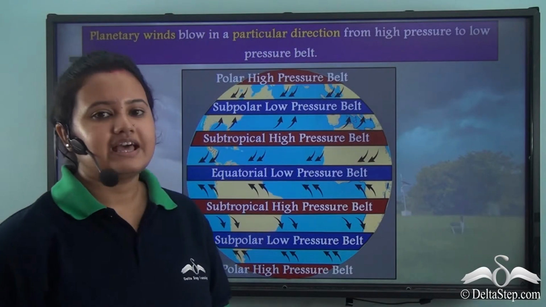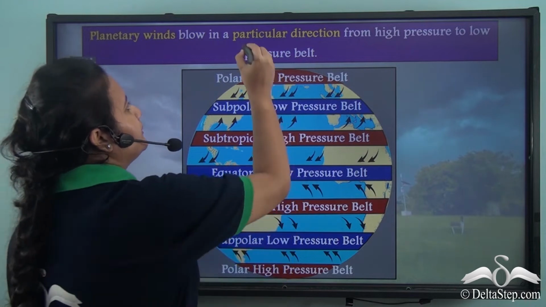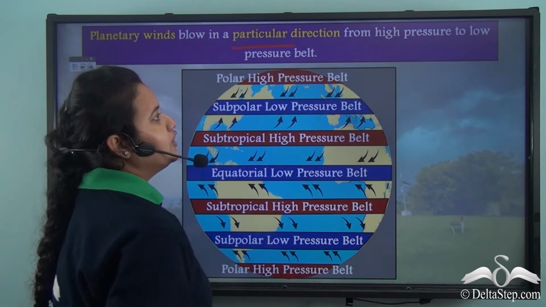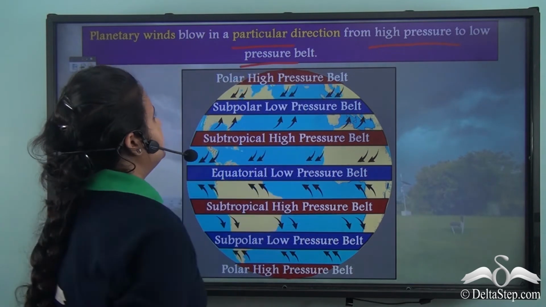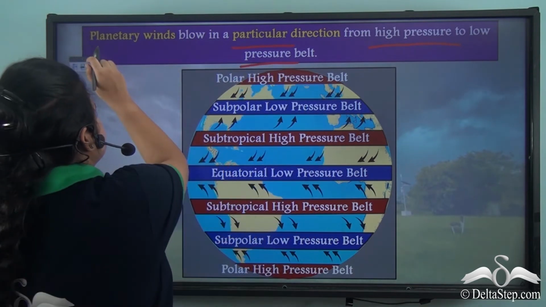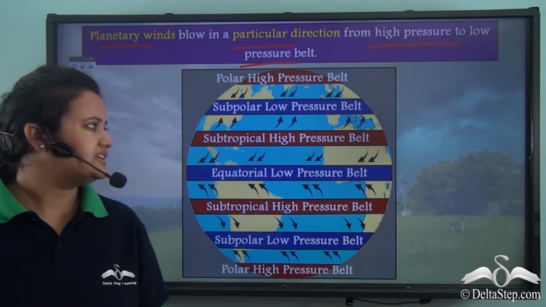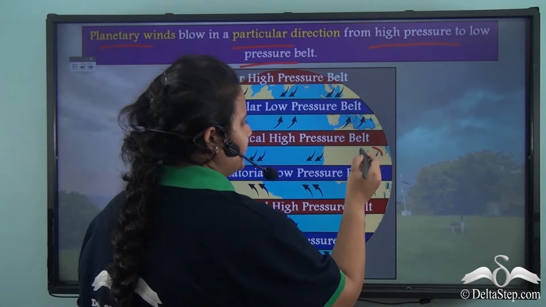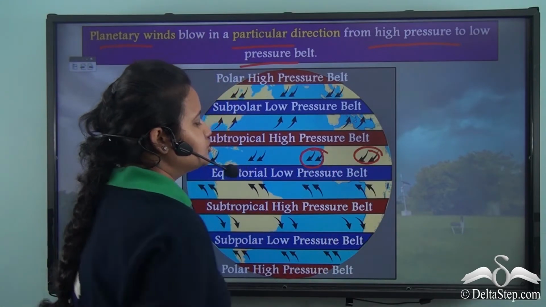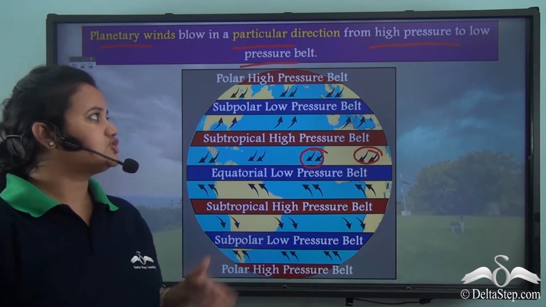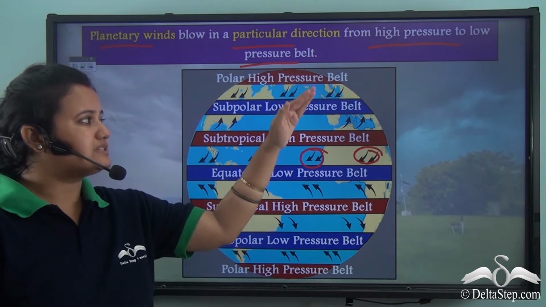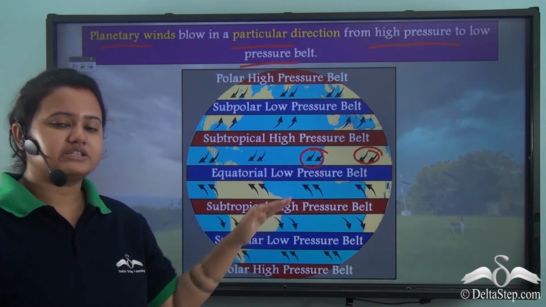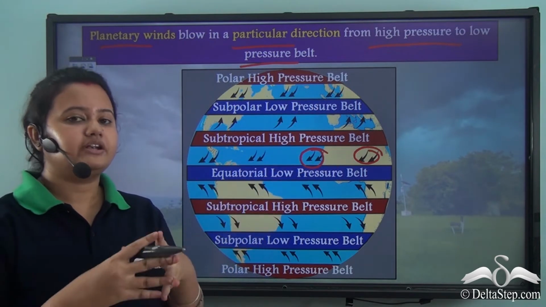So the winds that blow in a particular direction from high pressure to low pressure belt are known as planetary winds. Now in this picture, the arrows show the direction in which the planetary winds blow, and we can see that these planetary winds blow constantly in one particular direction.